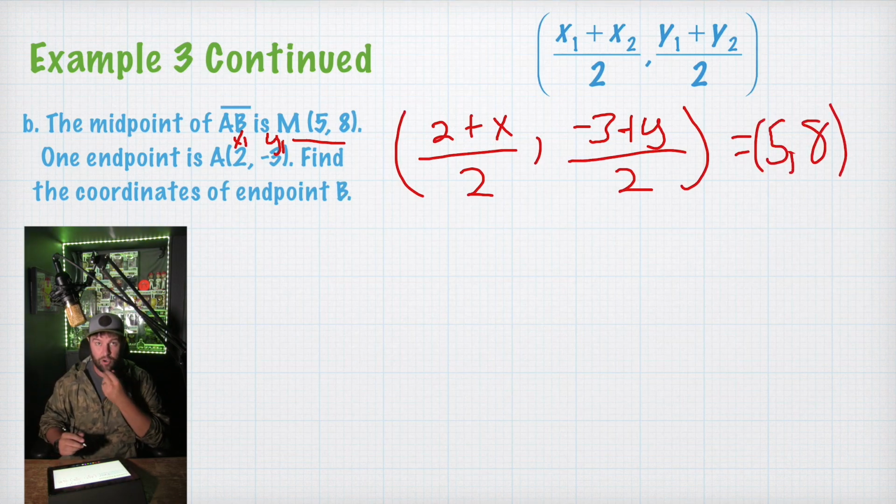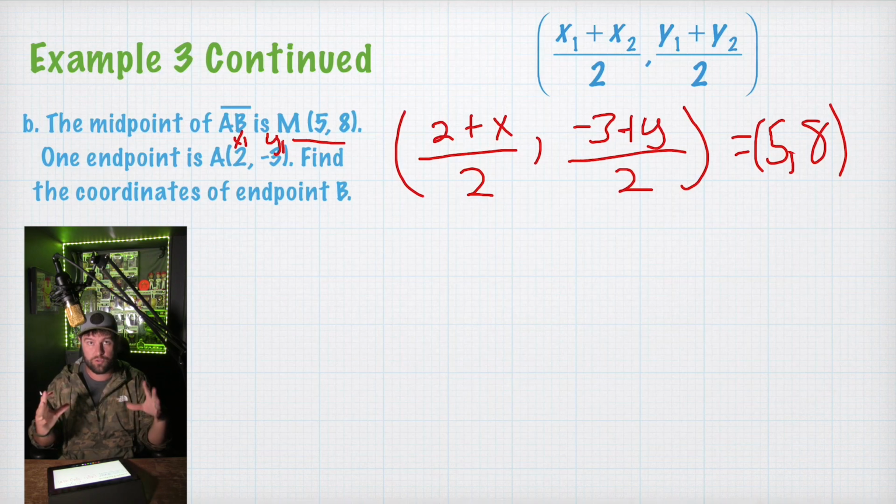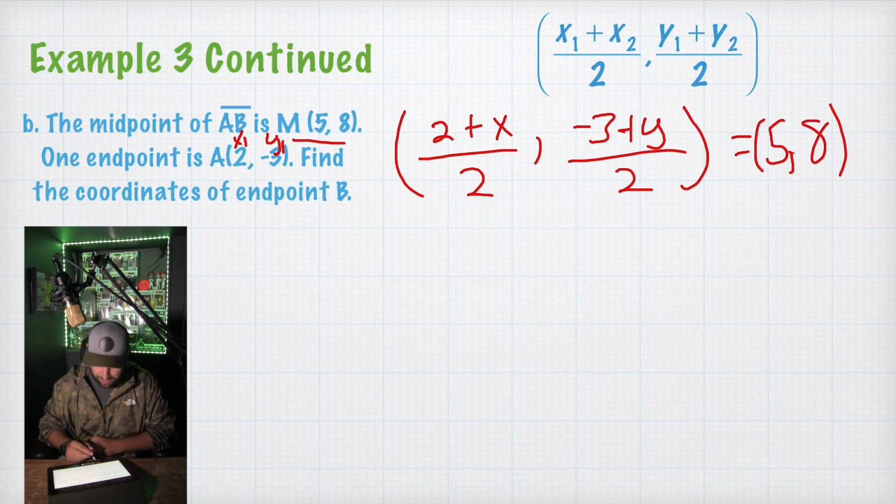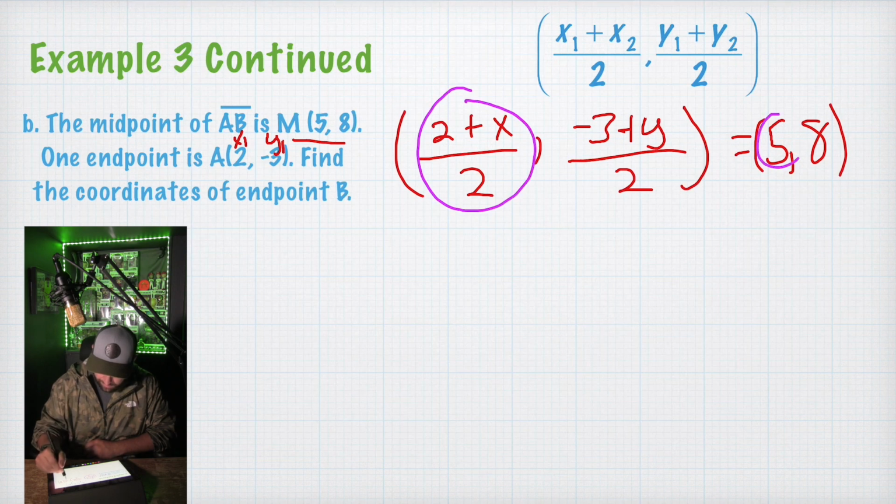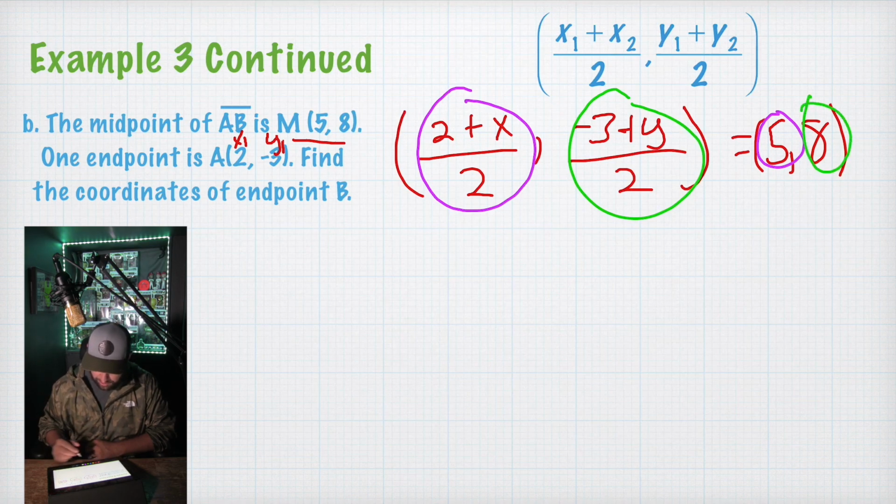The way I like to go about solving this is I like to split it into 2 separate equations where we use our x values in one equation and our y values in the other equation, and then we just form a coordinate pair again at the very end. So, like I said, we're going to take our x values and make one equation, and our y values and make another equation.